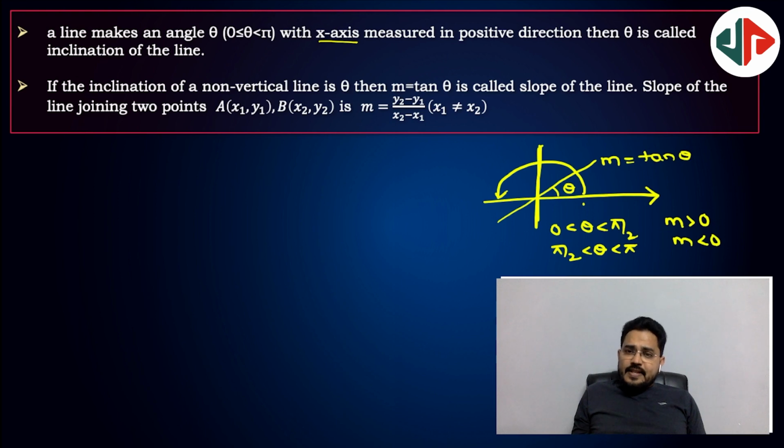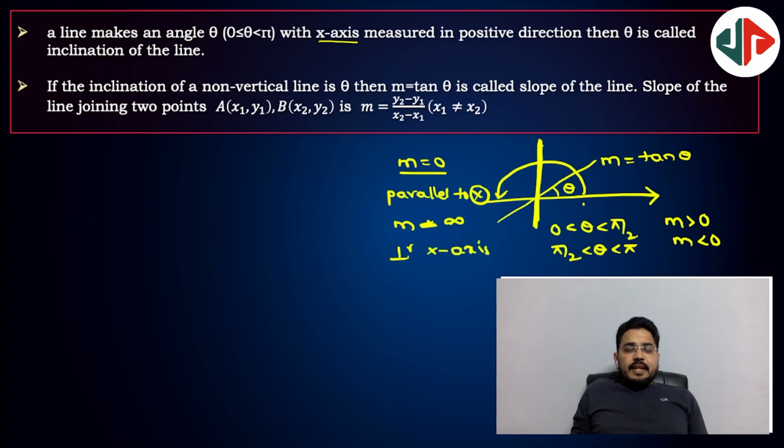And if theta is equal to pi by 2, the slope is undefined, meaning the line is perpendicular to the x-axis. If m is equal to 0, the line is parallel to the x-axis, and if m is undefined (infinite), it will be perpendicular to the x-axis.